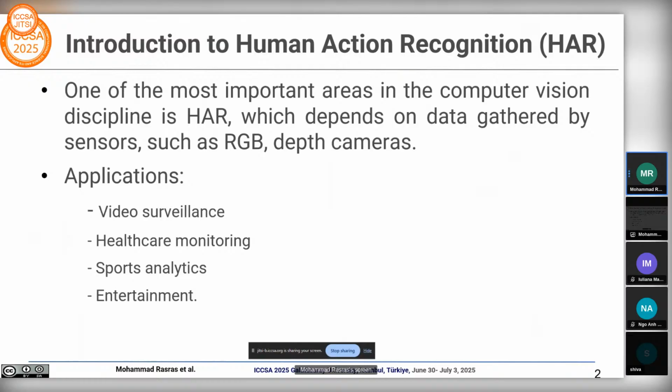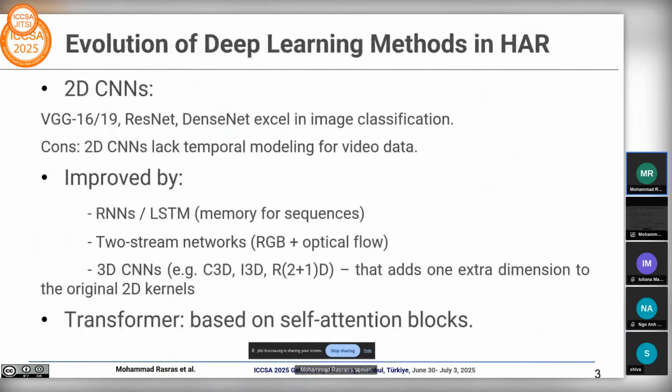Human action recognition is used in multiple areas, especially video surveillance, healthcare monitoring, entertainment and sports analytics. It has evolved in the last decade, starting with 2D CNNs used for image classification, such as VGG16 and 19, ResNet, DenseNet, and Inception.